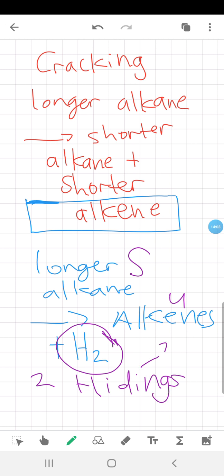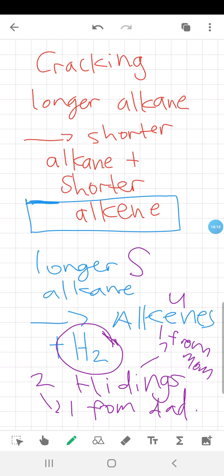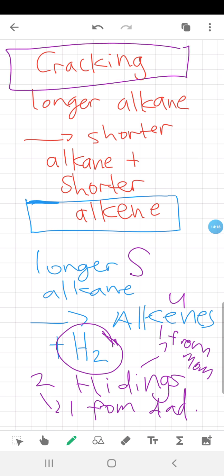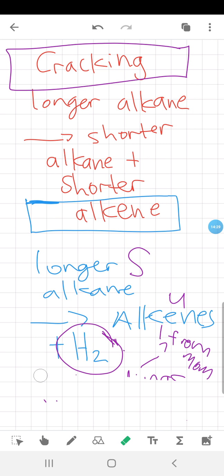One from your mom, and one from dad. So because you cracked something, because you broke something, you're going to get 2 hidings now. H for hydrogen, H for hiding, and I explained why you get 2, one from each parent, or one from each sibling, whatever it is, however you want to remember it.